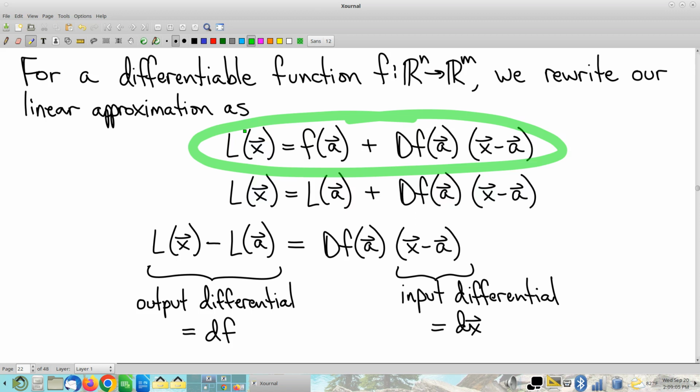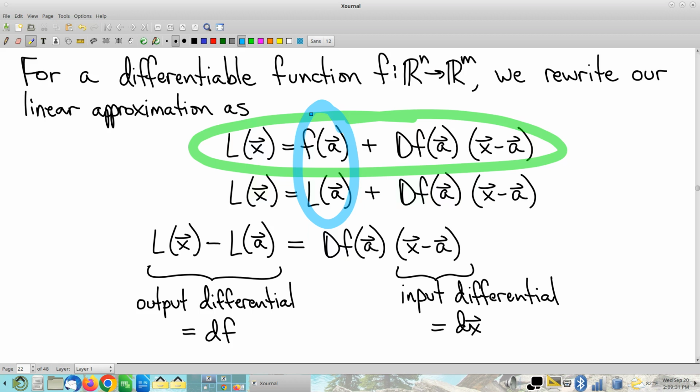This is our general multivariable vector valued linear approximation formula. And quick freebie to note, F and L agree at A. That's one of the motivations for writing down that formula in the first place, right? So I could rewrite F as L in that term anyway.